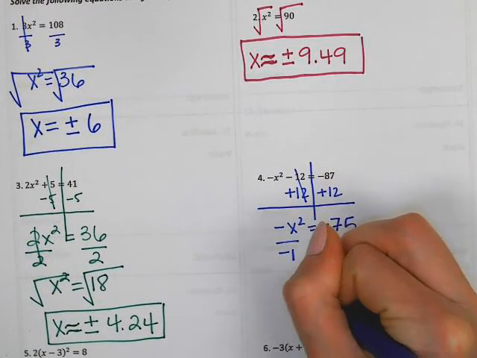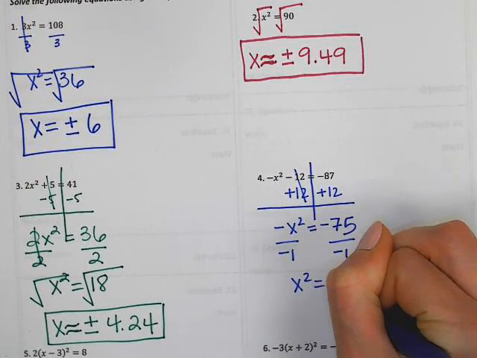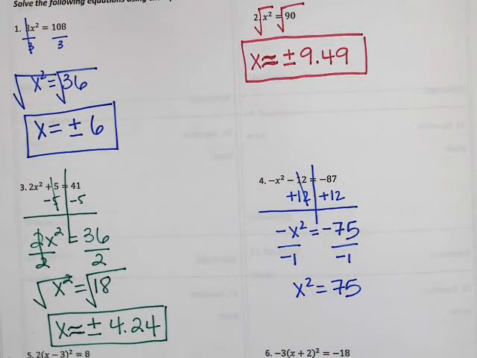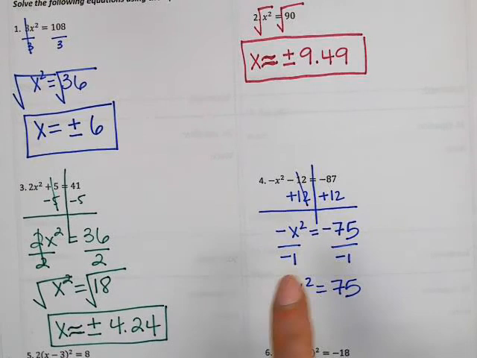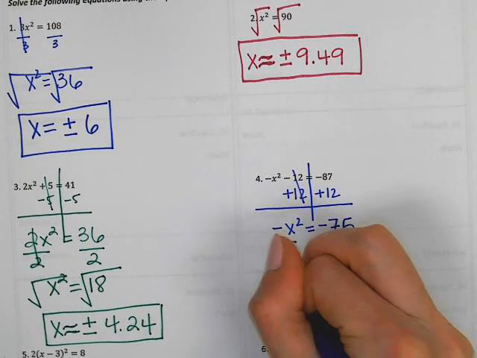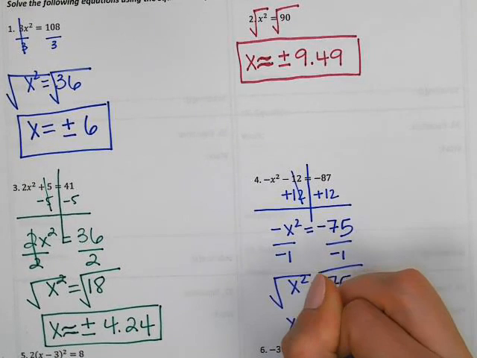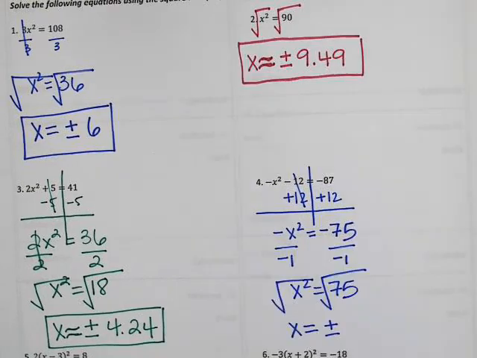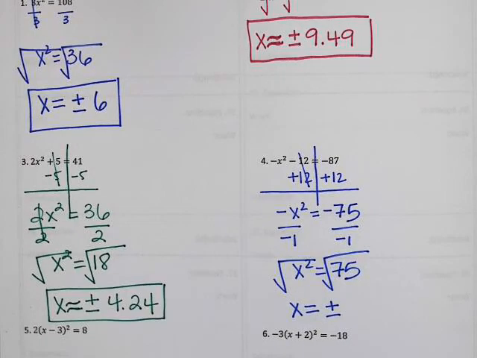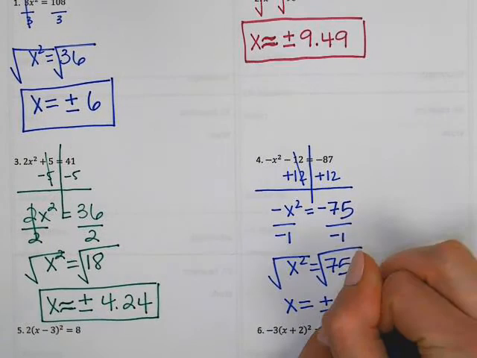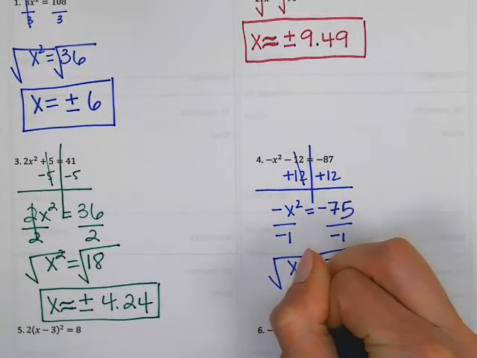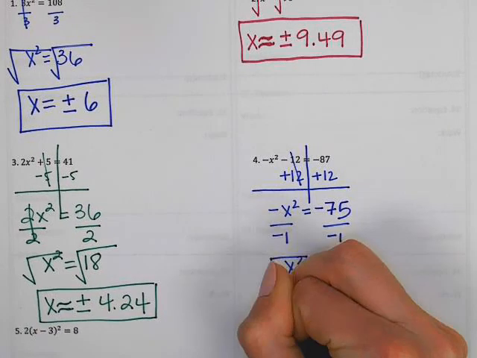And then you get x squared equals 75. And now, to solve x squared equals a number, we square root both sides. And x is going to be plus or minus. Don't forget plus or minus. The square root of 75 is 8.66. And since we're approximating, we will put that symbol.